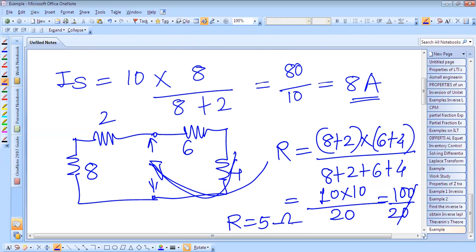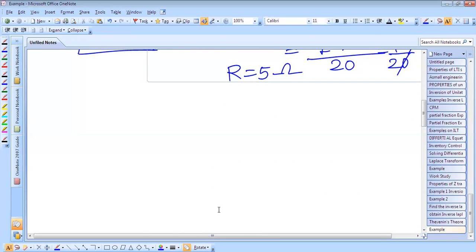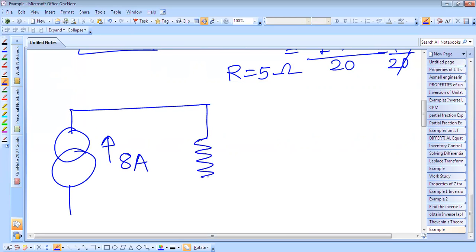Okay. So therefore this whole circuit will be reduced into the Norton equivalent circuit, which has the short circuit current. We have got the short circuit current 8 amperes, and we have to find the current flowing through this, and this is the resistance which we have viewed from this output terminal.